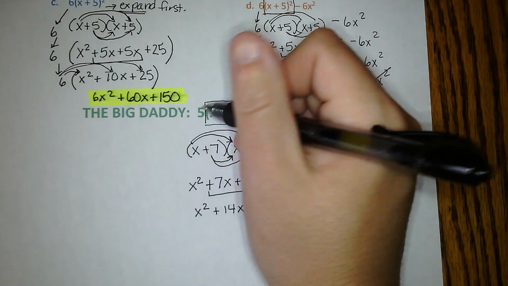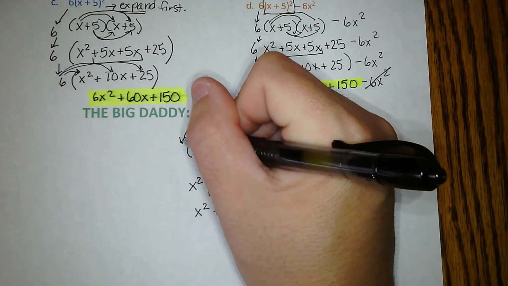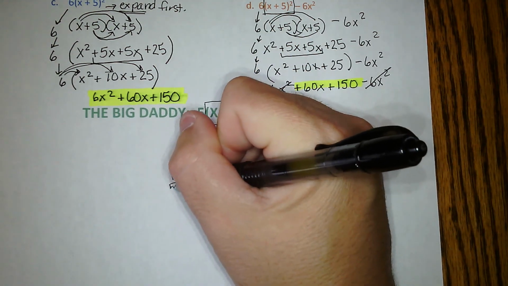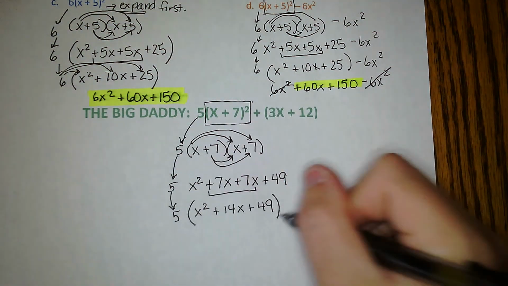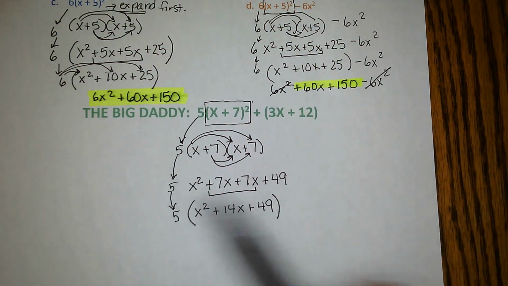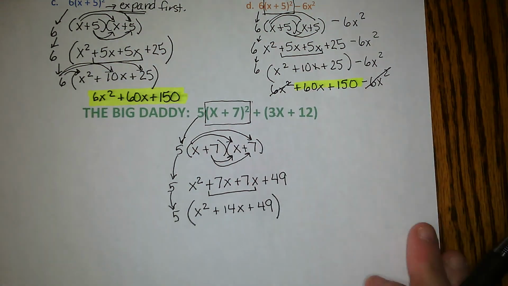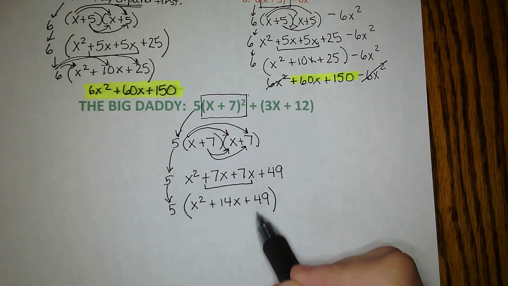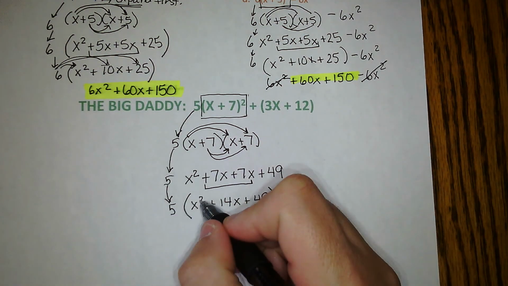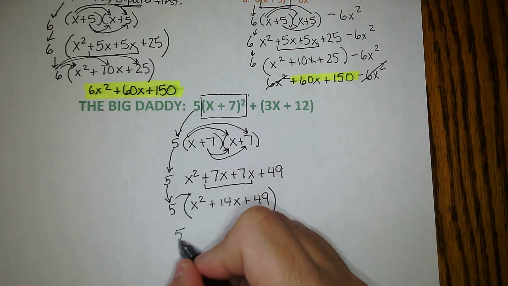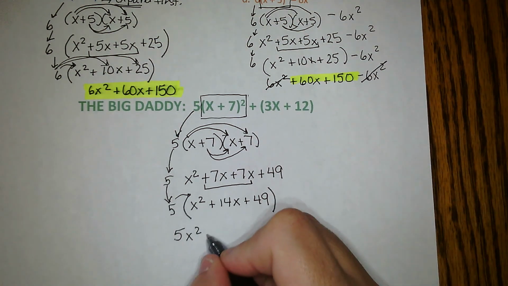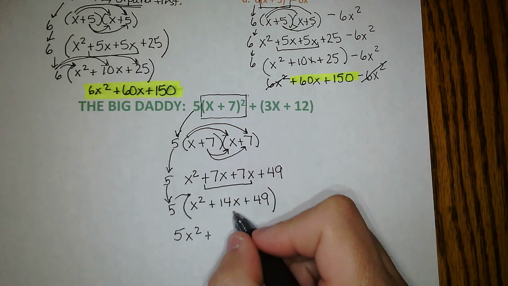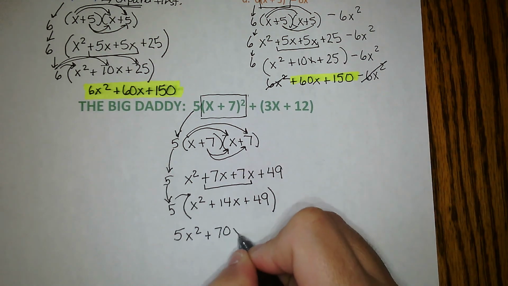Now, we're going to tackle this 5. We're going to bring this 5 down, and this 5 is going to be distributed. It's going to be multiplied across the whole thing. Remember, you do that multiplication after you've expanded and combined your like terms. So 5 times x squared is 5x squared. 5 times 14x is 70x.